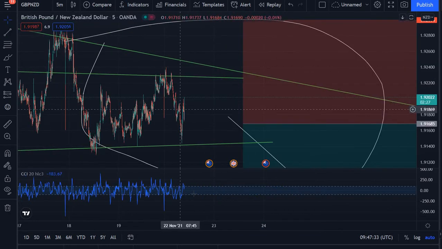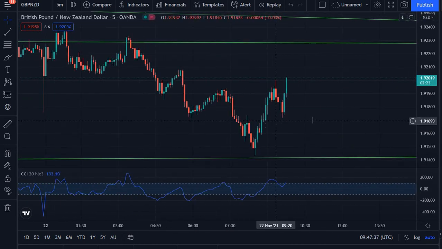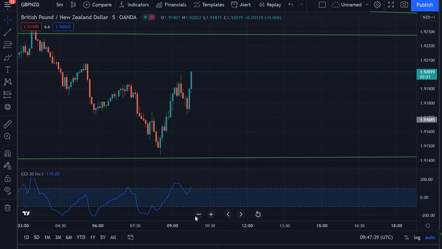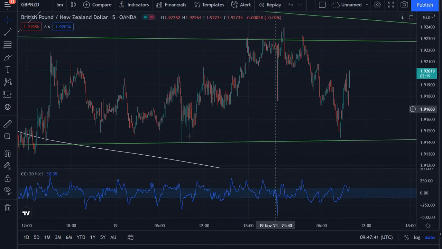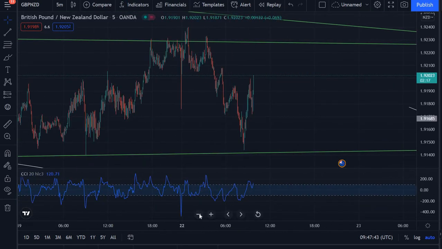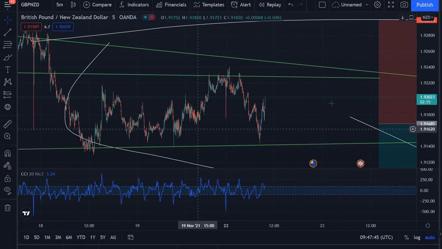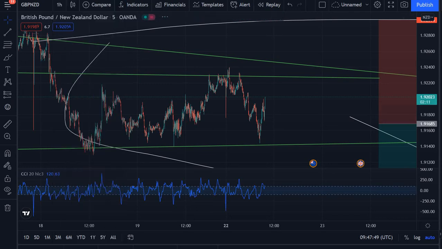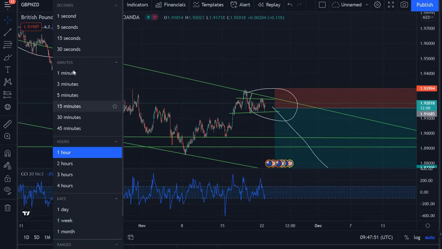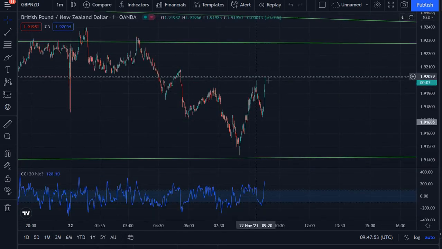So the entry, since the momentum at the moment looks kind of bullish, this is why we always go from the higher time frame to the lowest for the entry, which means we could now go to the 1 minute chart.